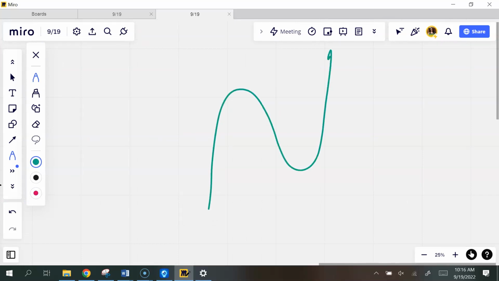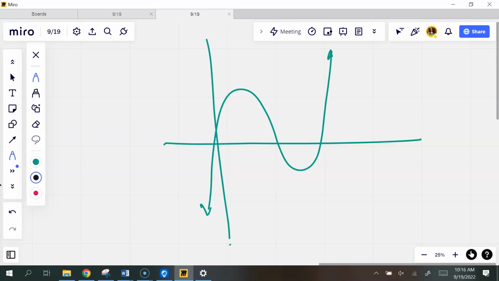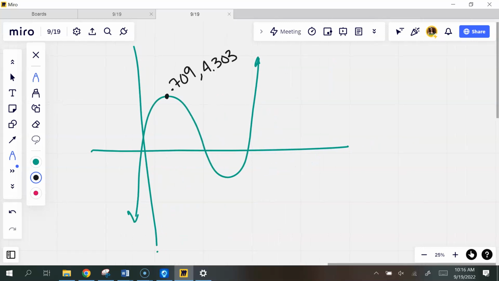Here's this. My graph does something like this. It goes through about right here. I'm going to label this point (0.709, 4.303), and you will see why in a minute, okay? So now I know, remember, I already said my end behavior already.